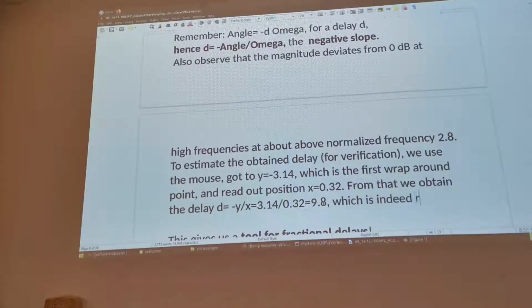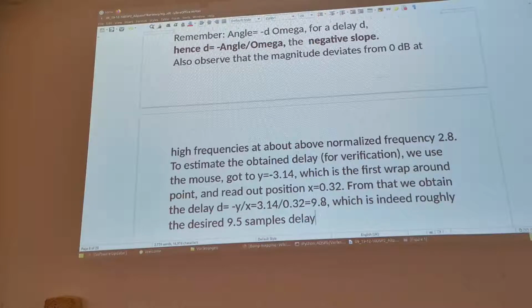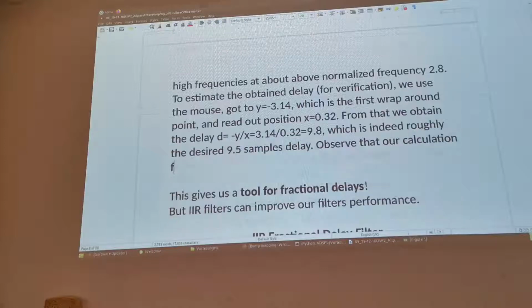Indeed, roughly the desired 9.5 samples delay. Reading from the numbers is not so precise, right? So that's basically all we can expect.